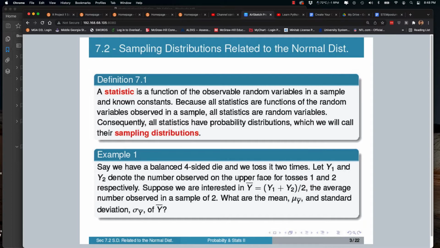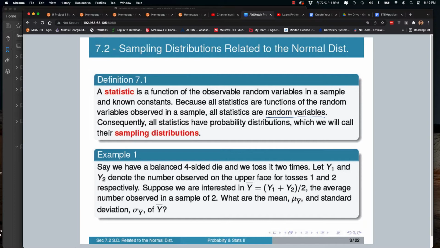So that's what y bar is. It's made up of y sub i's and the constant n, right? Because all statistics are functions of random variables observed in a sample, all statistics therefore are random variables. Consequently, all statistics have probability distributions, which we will call sampling distributions.